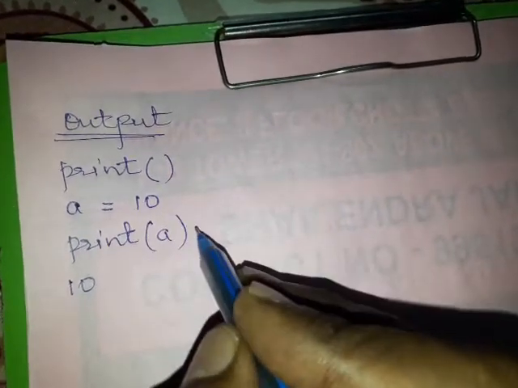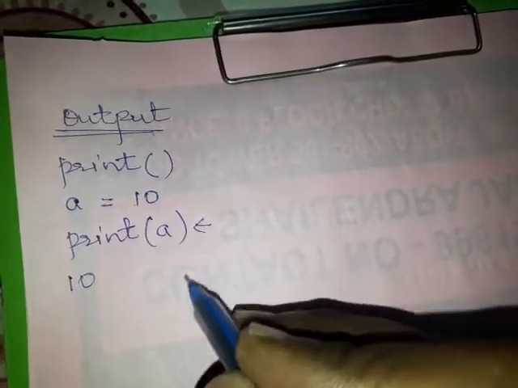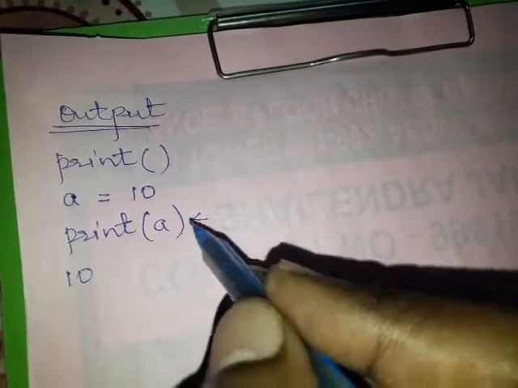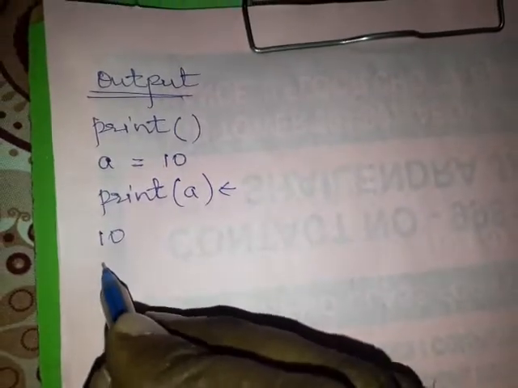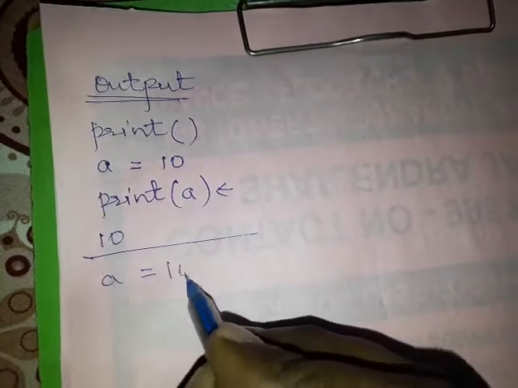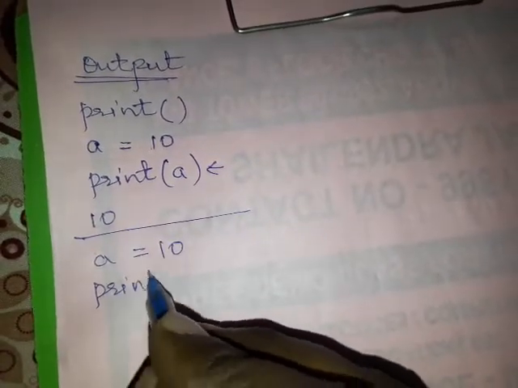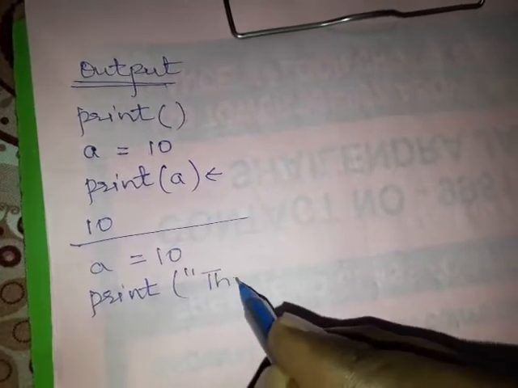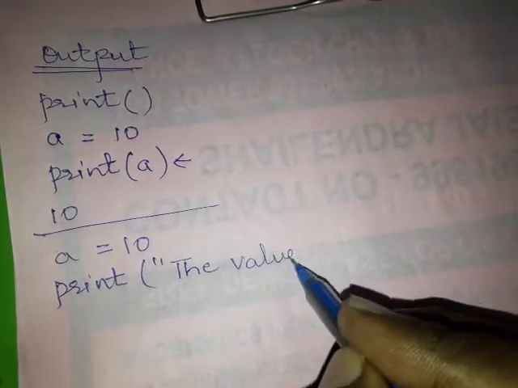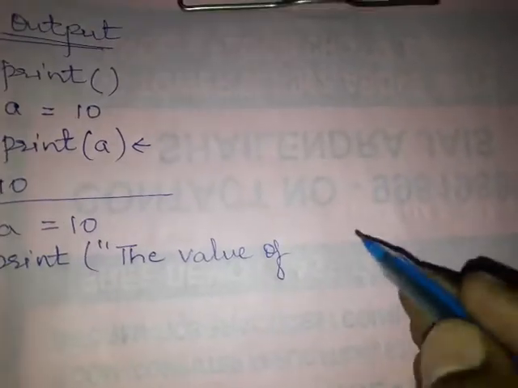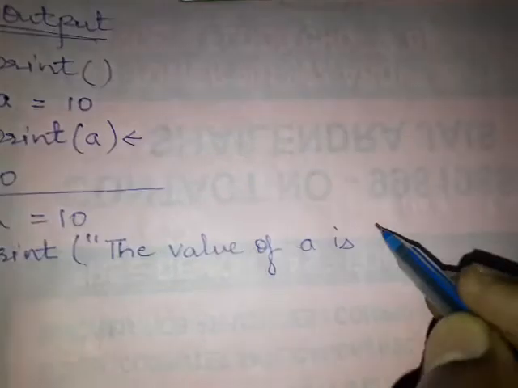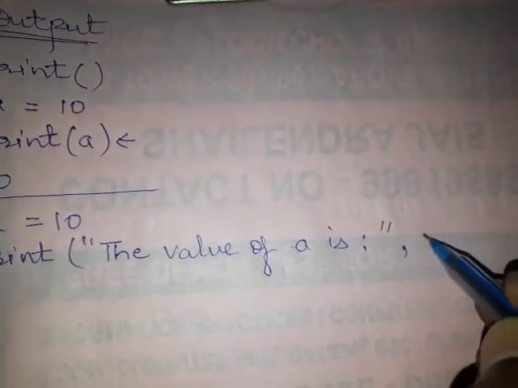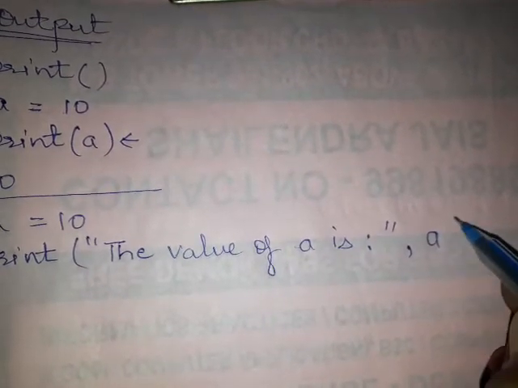Or if you want to give some message, showing the user that the value being printed is of the variable a, you can write a equals 10, then print, the value of a is, colon, in double quotes, comma, then write the name of the variable which is going to be printed after this.